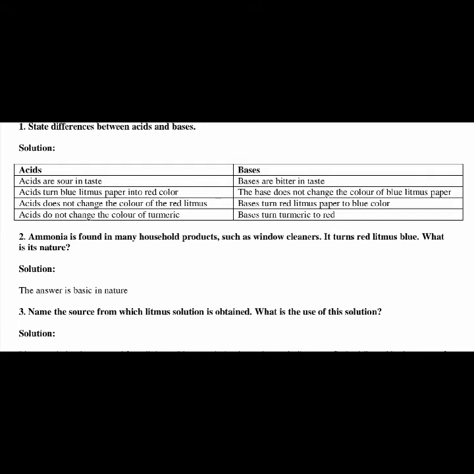Acid turns blue litmus paper red, and the base does not change the color of blue litmus paper. Acid doesn't change the color of red litmus, but bases turn red litmus paper blue. Acids do not change the color of turmeric, whereas bases turn the turmeric red. So these are the major differences between acids and bases.